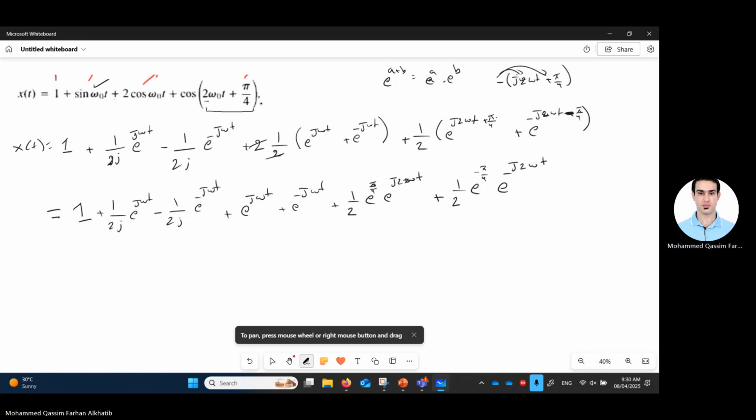And here e to the power j 2 omega t plus pi over 4. Why did I multiply this by j, like in here, and this one left it there? Is that correct? You see my point? My point is there should be j and pi over 4 or not? What do you think?